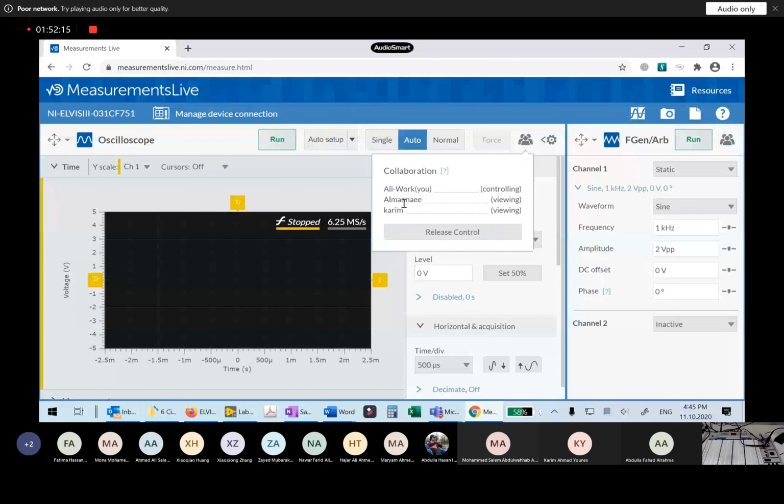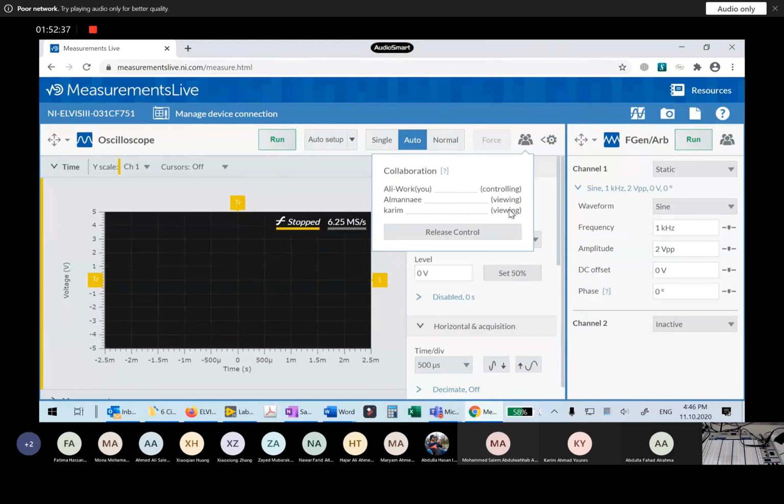Alright, now if you switch to my screen, you'll see that you have multiple users here on this instrument. If you click on the users, you'll see Ali controlling, Manai viewing, Karim viewing.